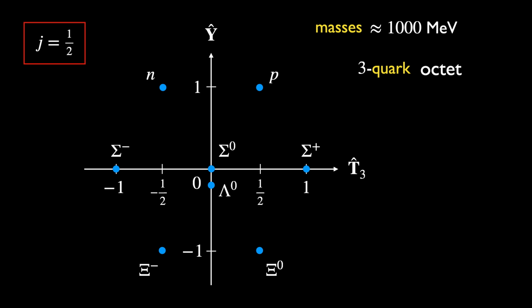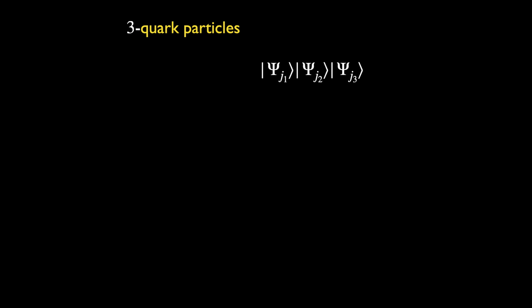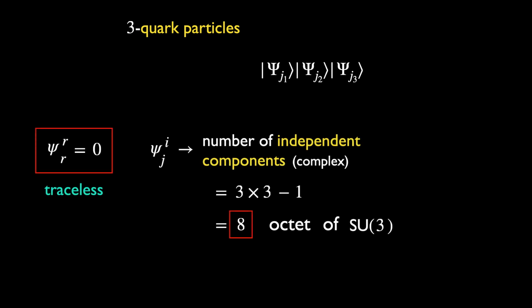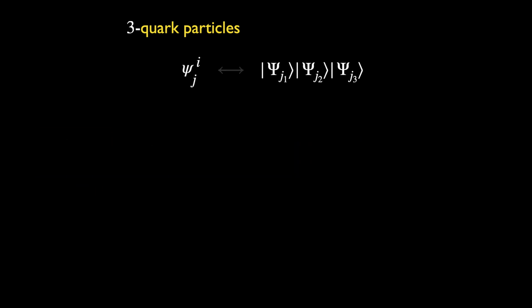This is just so that the quarks' isospins sum up to the correct value of half. But how do we form an SU(3) octet out of three quarks? We could still keep our earlier result if we let all the degrees of freedom of the three quark tensor coefficients be carried by the tensor psi i j. Here's how.